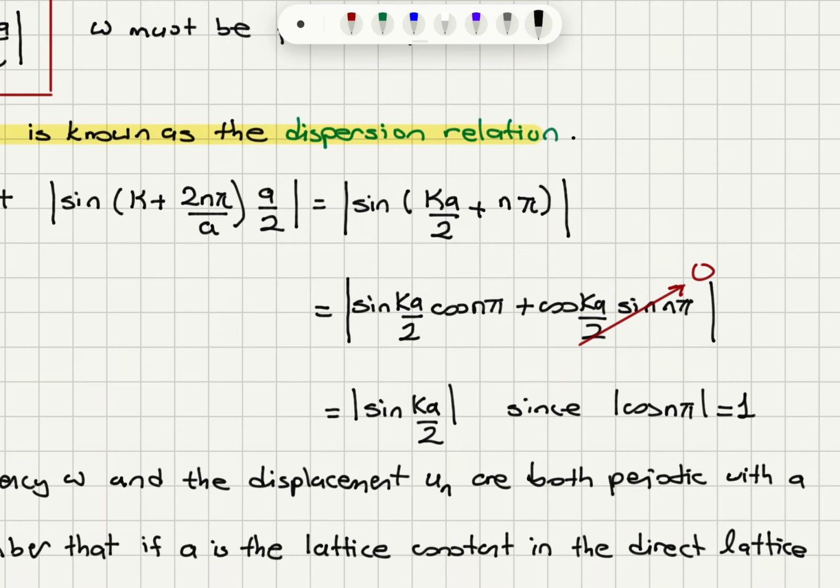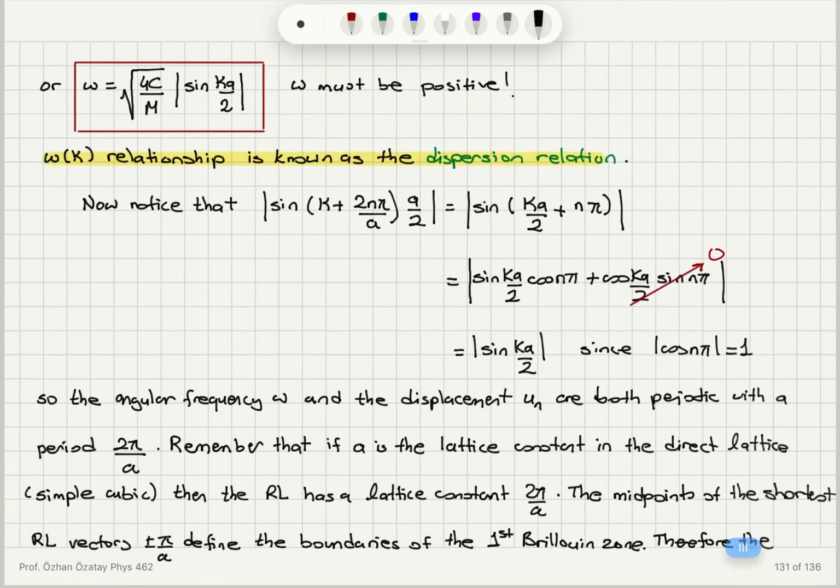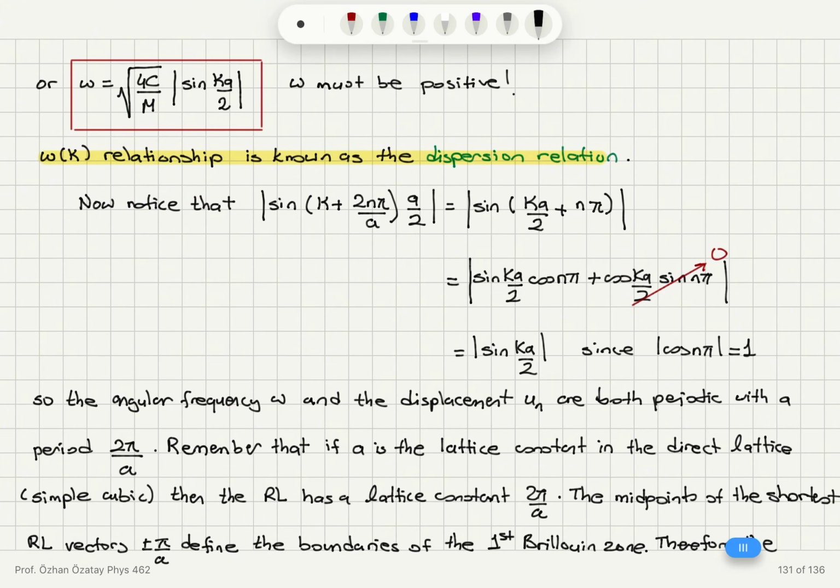Sine n pi is 0, so cosine n pi is plus or minus 1, and because I have the absolute value, it becomes sine ka over 2. So basically I see that the angular frequency omega and the displacement u_n are both periodic with a period 2 pi over a.